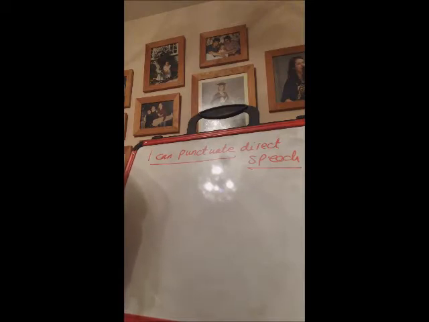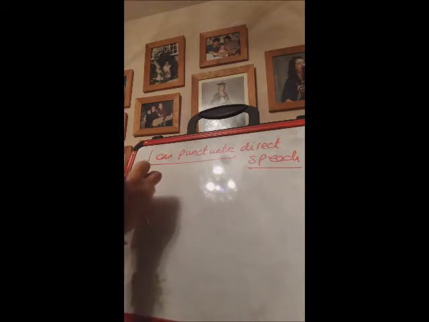So welcome to this lesson on punctuating direct speech. Direct speech is basically if somebody says something. So for example, if the teacher says, "I would like a cup of coffee," then what we have to do is think about what it is that the teacher is actually saying.